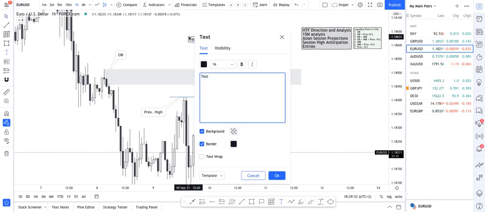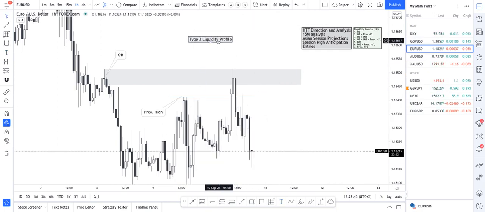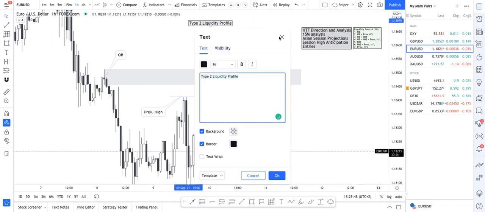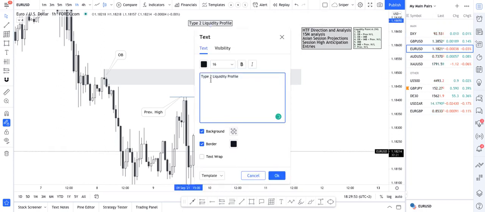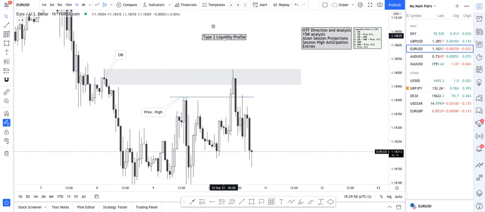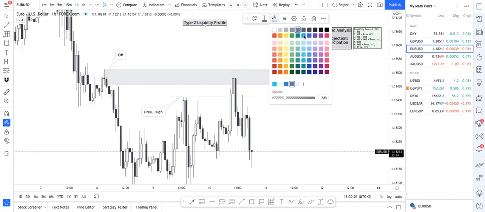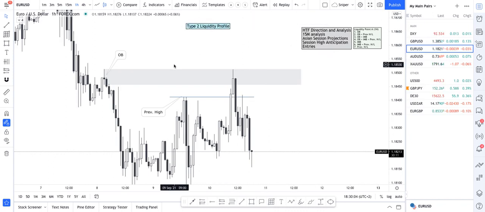So I just want to quickly do this and take it so that it stays there. Potentially, well, we see it worked out, but we have a type 2 liquidity profile, which is an order block and a previous high low on the 1 hour.